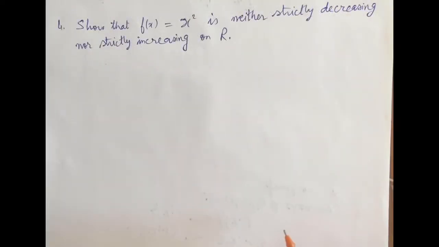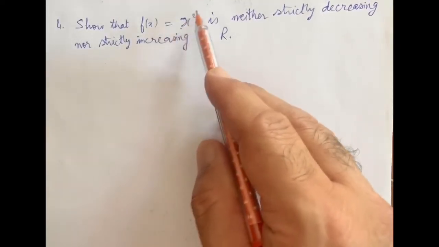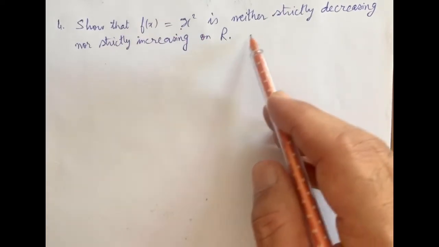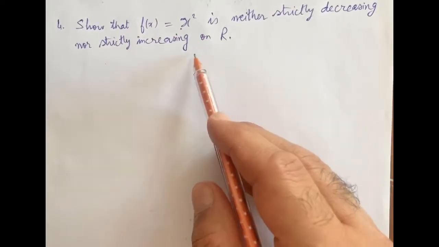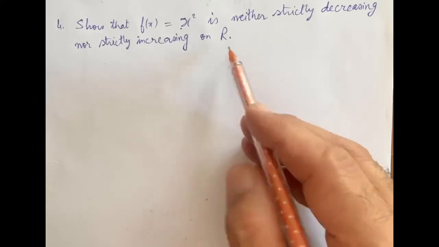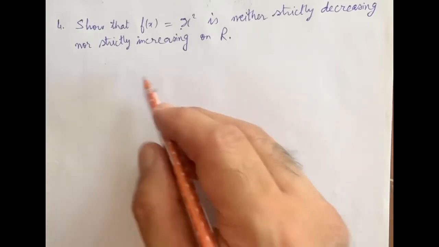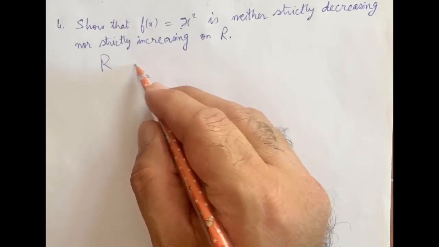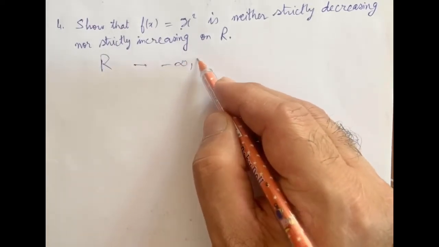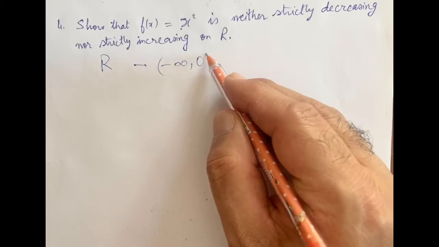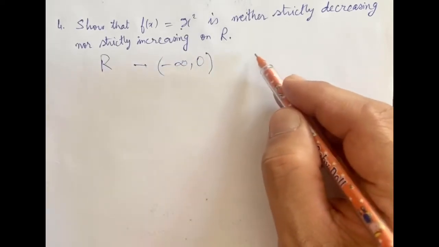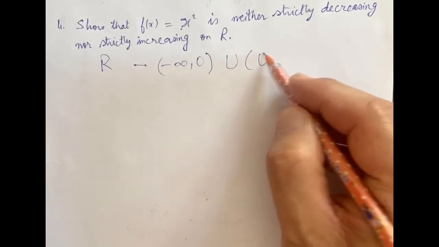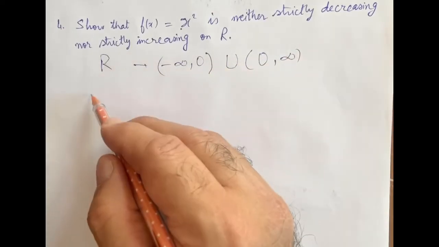The function is x raised to 2, f of x is x square. We have to show that it is neither strictly decreasing nor strictly increasing on the set of real numbers. Let us first of all consider R as minus infinity to 0 and then 0 to infinity.